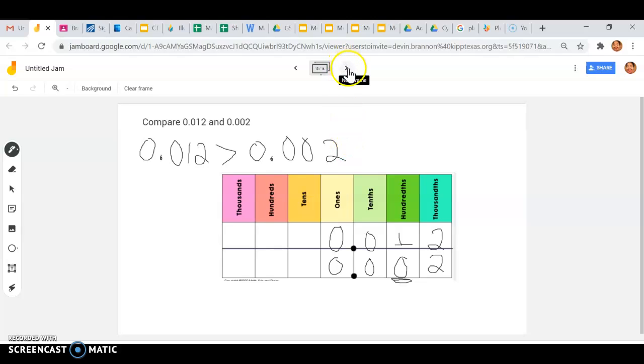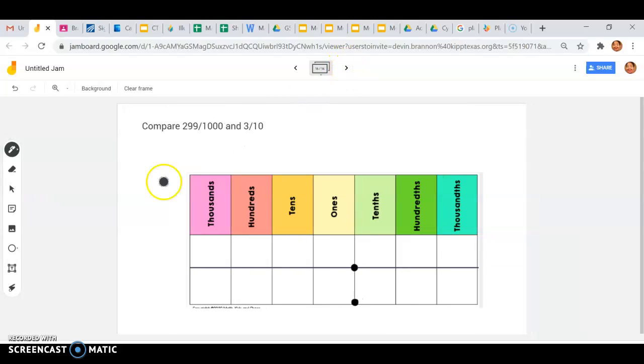We're going to do one more. Here we have to compare 299 thousandths and 3/10. You see here that it's written in fraction form. What we want to do is turn these fractions into decimals, which we can do.